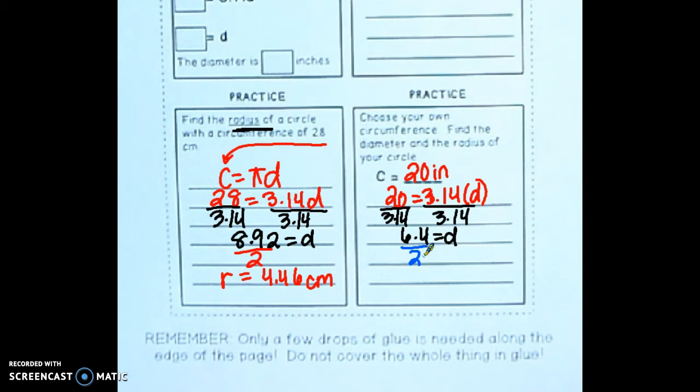And 6.4 divided by 2 is 3.2 inches. So my diameter is 6.4 and my radius is 3.2. And you should have followed this same process with your random circumference. Divide by 3.14, that gives you your diameter. Divide by 2, that gives you your radius.